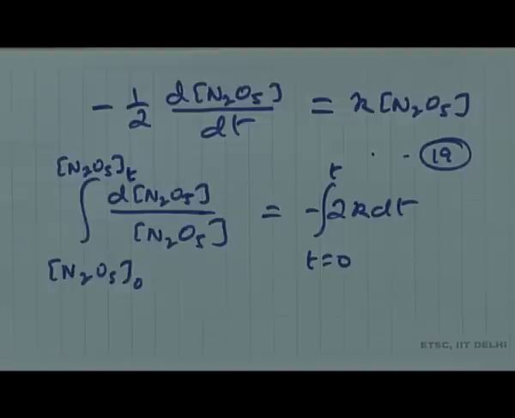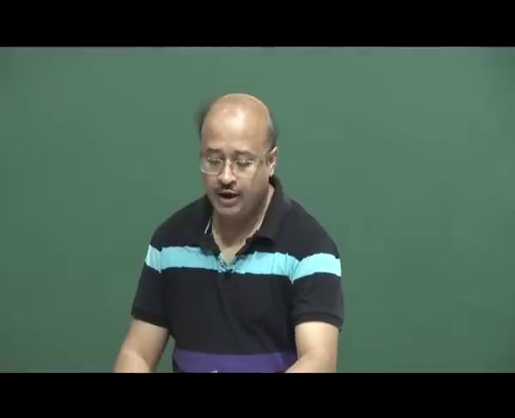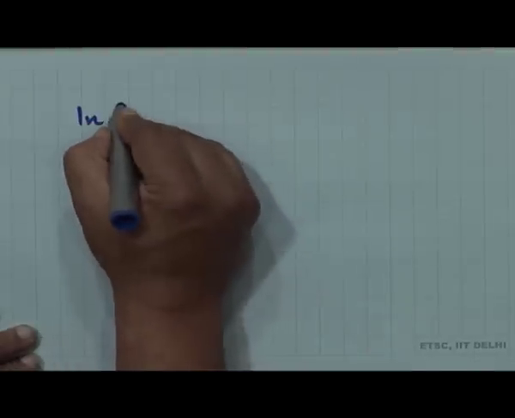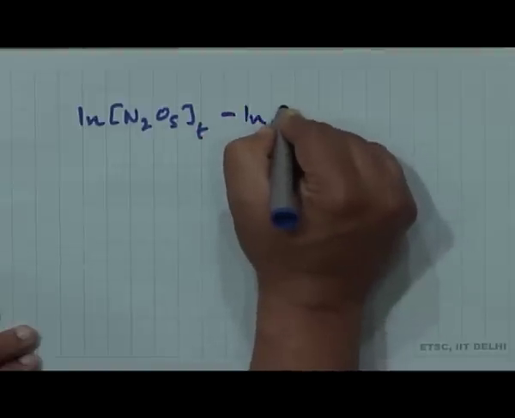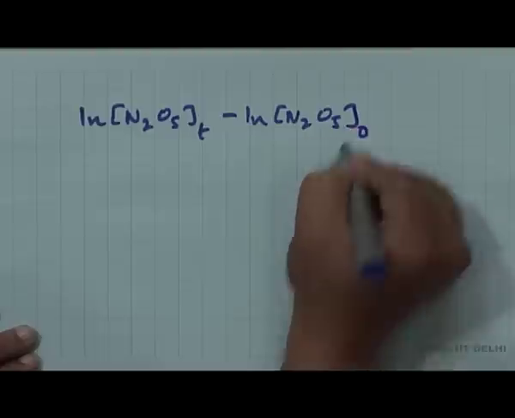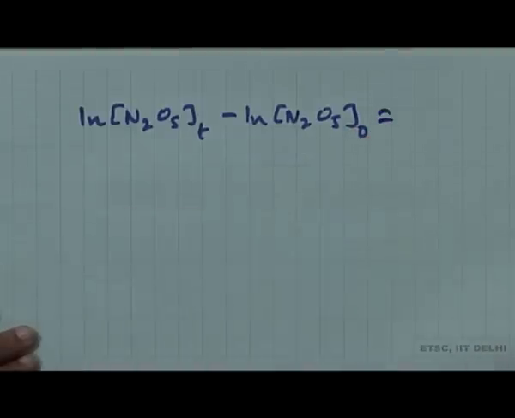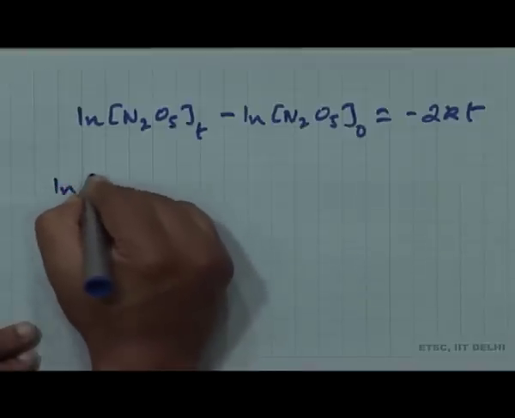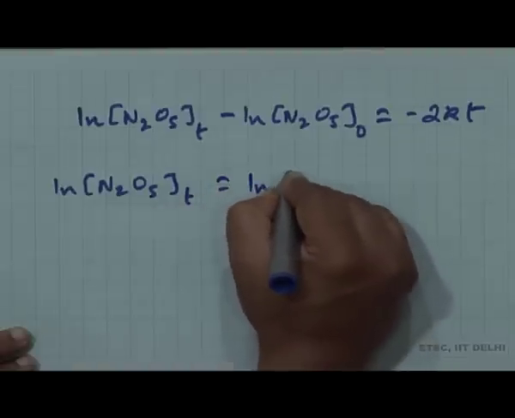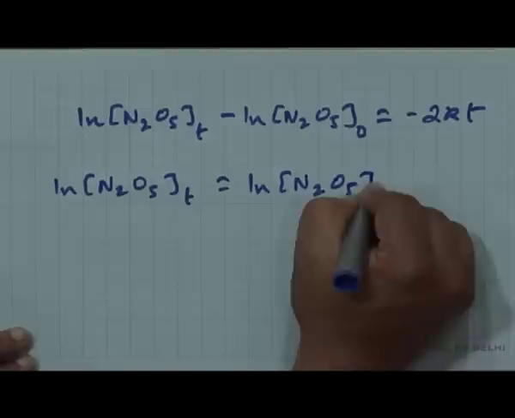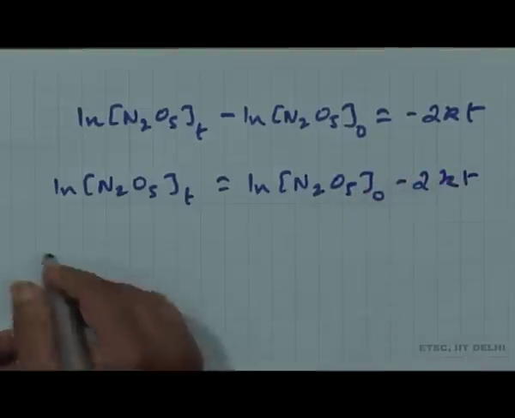So, this 2 K can be taken out of the integral sign, and then I will write straight away natural log N2O5 t minus natural log N2O5 0 is equal to minus 2 K T, or ln N2O5 T is equal to ln N2O5 0 minus 2 K T, right.